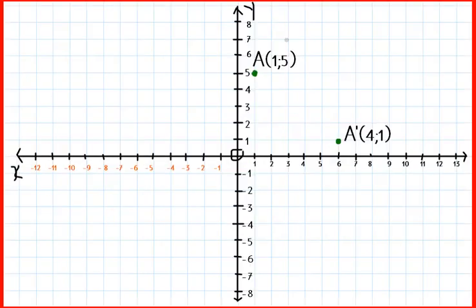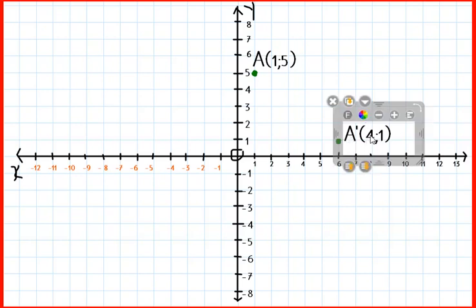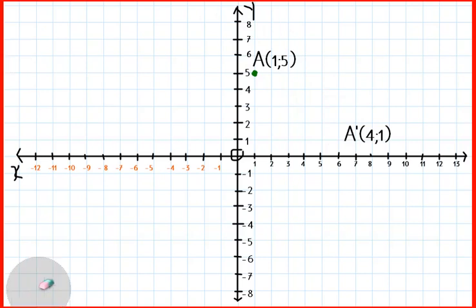Let's have a look at our first example. We have A at 1, 5, and then we have A with a stroke, the translated A, at 6, 1. Let me correct that quickly, because that's a 6, 1. Or we can make it easier by just shifting the point to 4, 1.